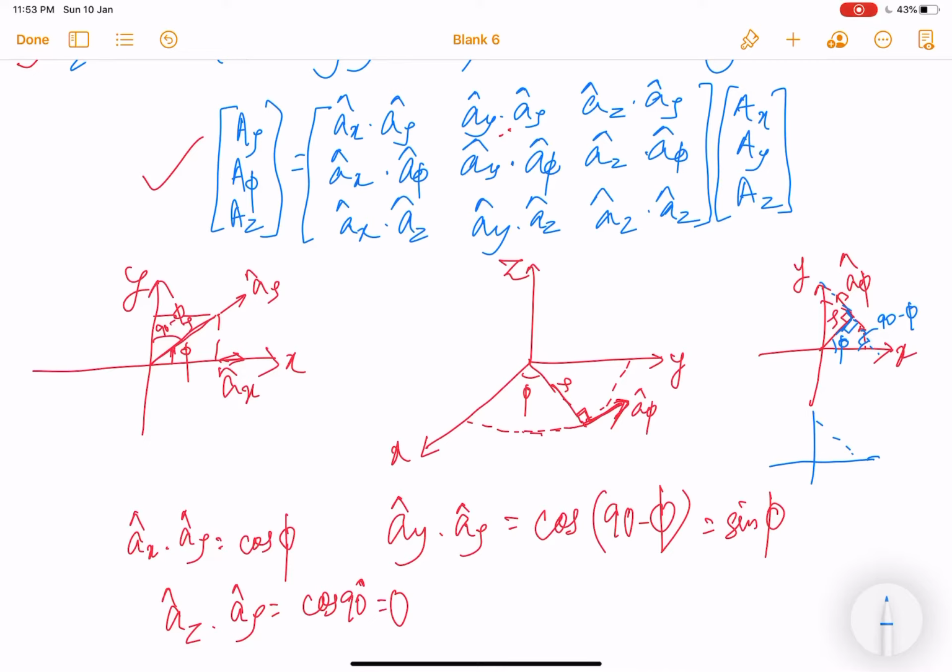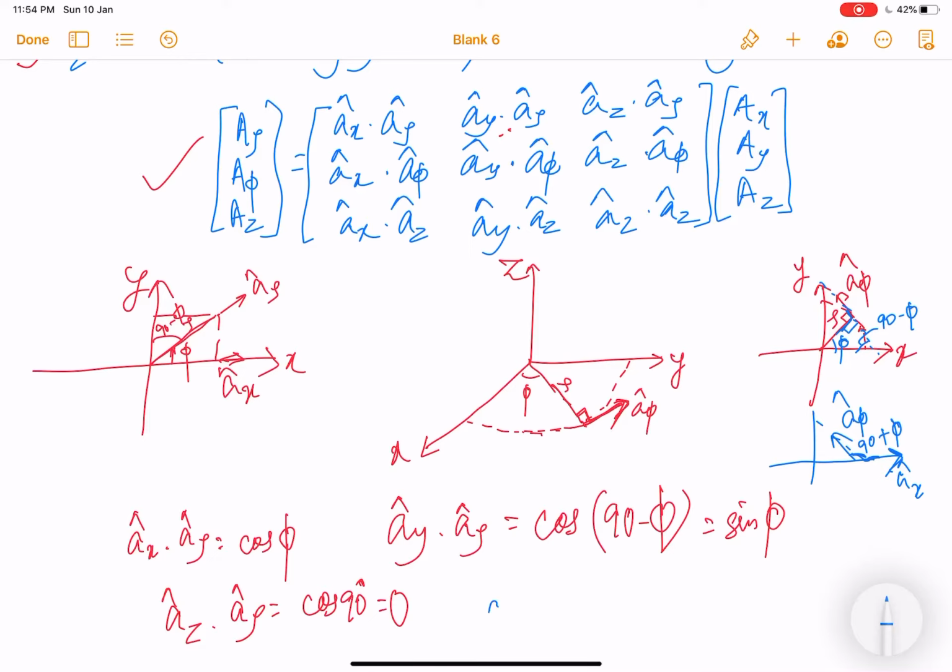This is my ax cap, and this is my a phi cap. The angle between them is this angle, because ax cap is in this direction. This angle is 90 minus phi, so this one will be 90 plus phi.